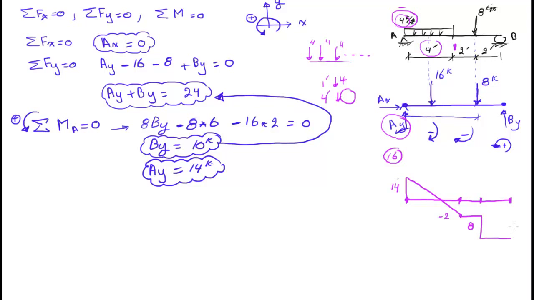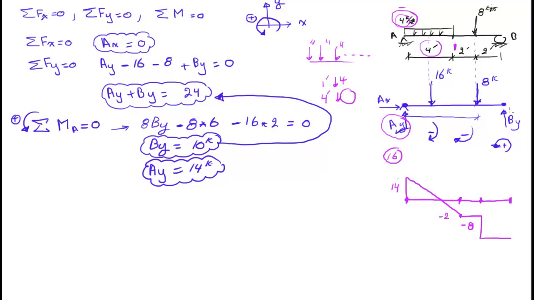Now what do I have at B? I have a BY, which is 10. So let's see, where am I right now? I'm down here, which is 8 plus this. You can think of it as -8. So it's -2 -8. So the total distance between this line and this line is 10 in the negative. BY is another force that's going up.